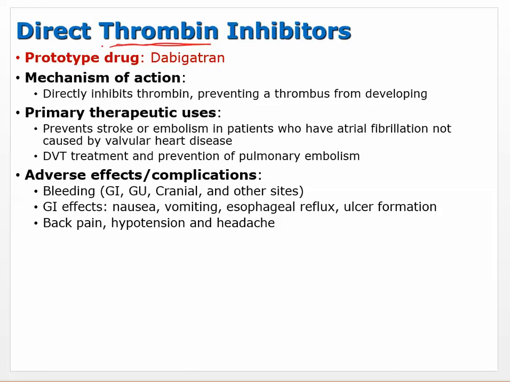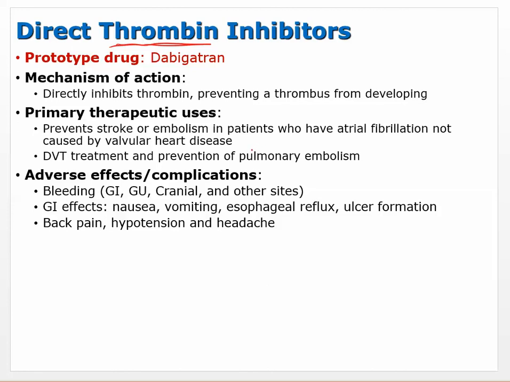Dabigatran directly inhibits thrombin, which is going to prevent the fibrin mesh from forming and a clot from developing. So it prevents a thrombus from developing. It prevents stroke or embolism in patients who have atrial fibrillation not caused by valvular heart disease.